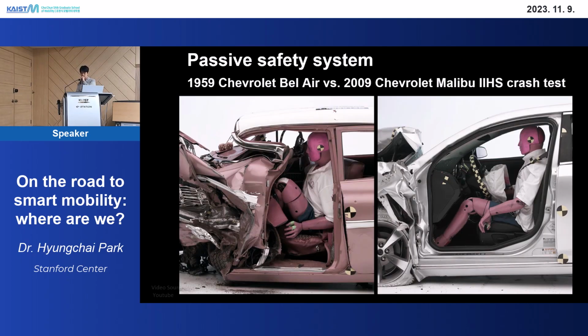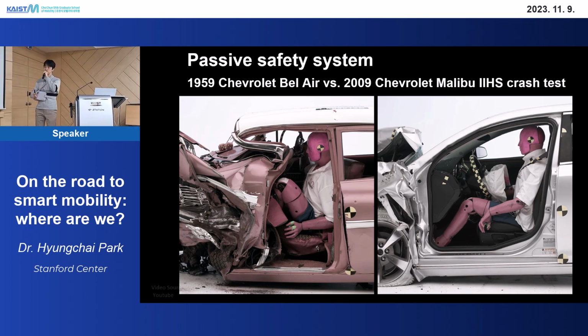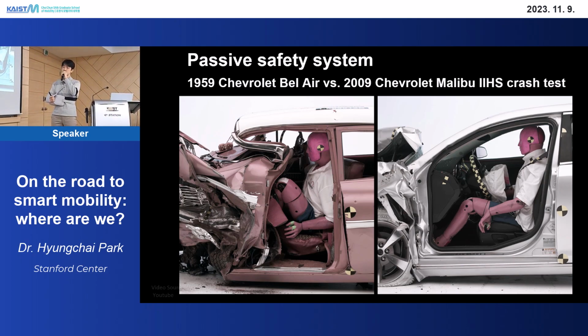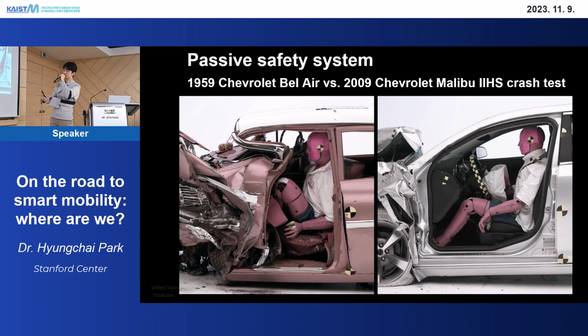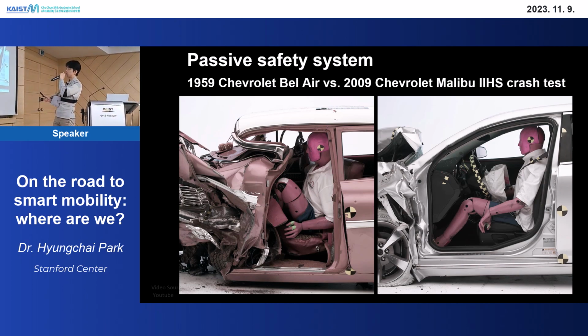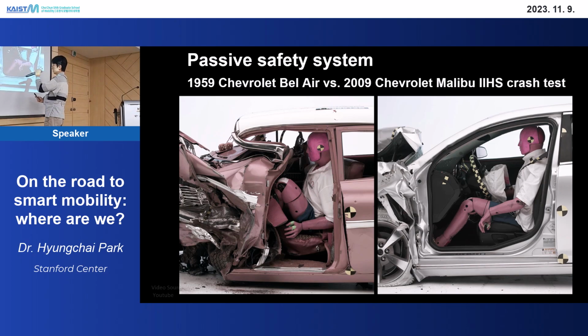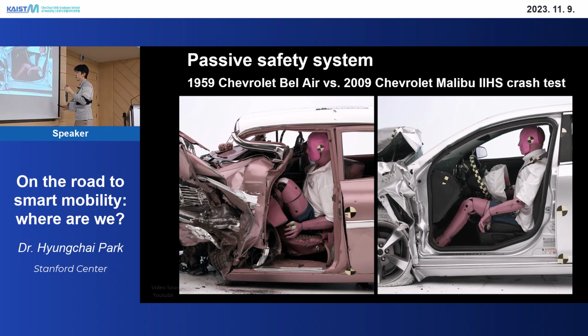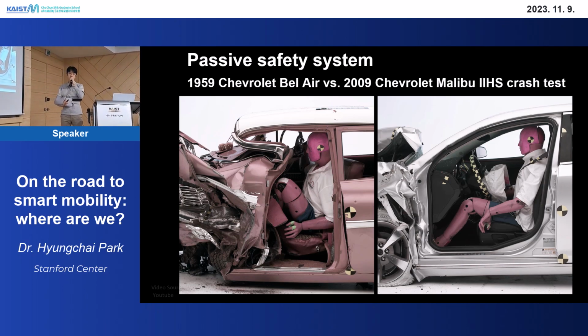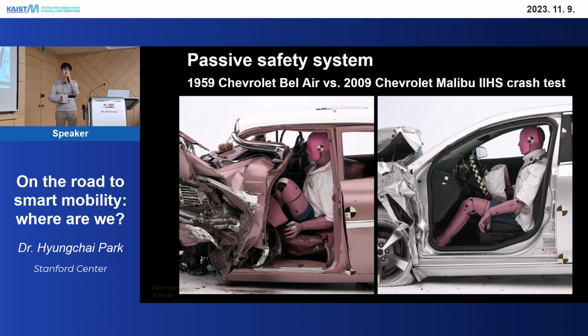And this picture shows the outcome of the crash test very well. The left side is the 1959 Chevy Bel Air. As you can see, the engine pushes backward into the cabin, so it damages the dummy very heavily. But on the right side picture, if you don't mind this side and the airbag, it seems almost like there was no accident.